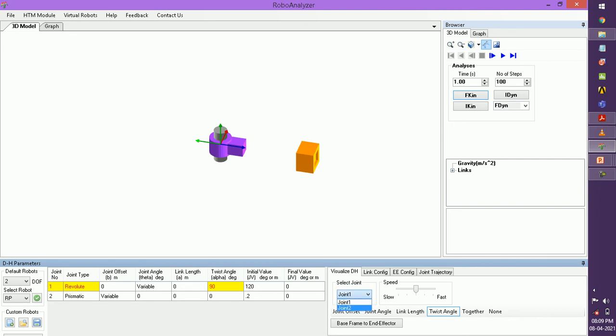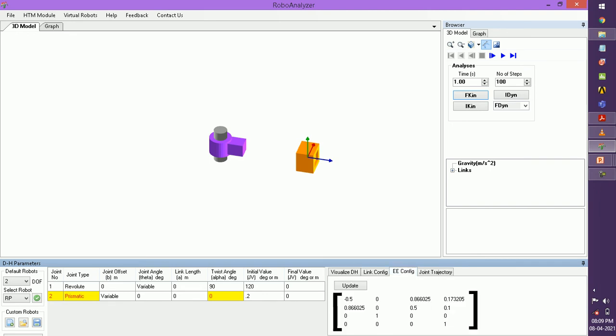In such a manner you can see the rotations of other frames also. Over here we filled a value of 0.2 meter, and the frame moves from here to here. With respect to joint angle, link length and twist angle, we already filled the value 0, so there is no movement showing over here.